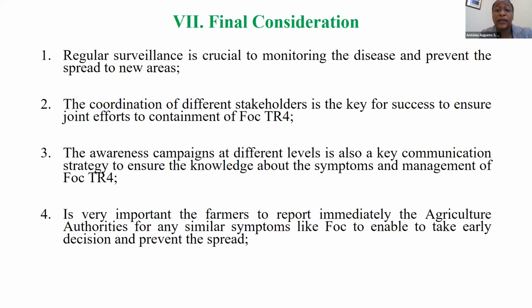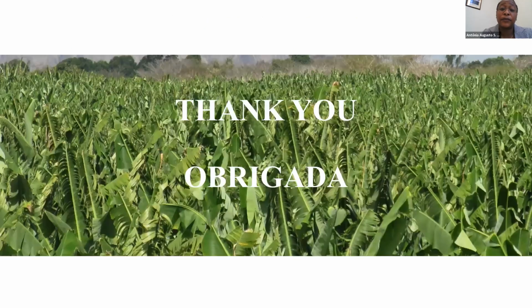And it's very important for farms to report immediately to the agricultural authorities any similar symptoms like Foc, Fusarium wilt, to enable early decisions and prevent spread. Thank you very much for the opportunity.